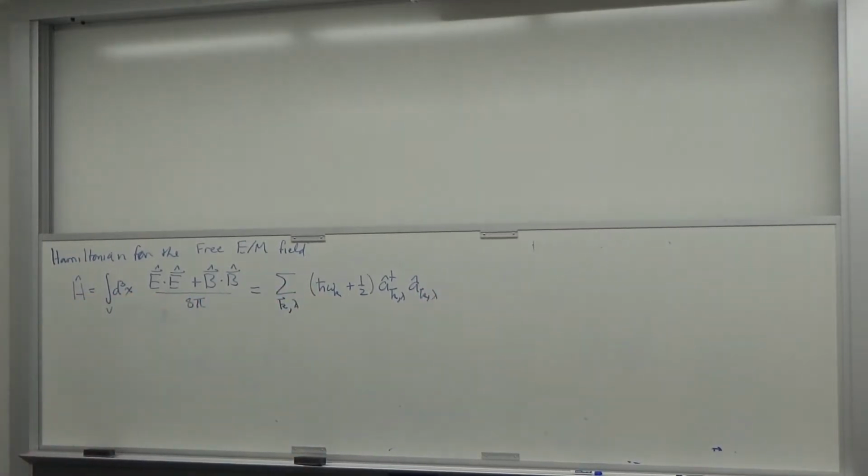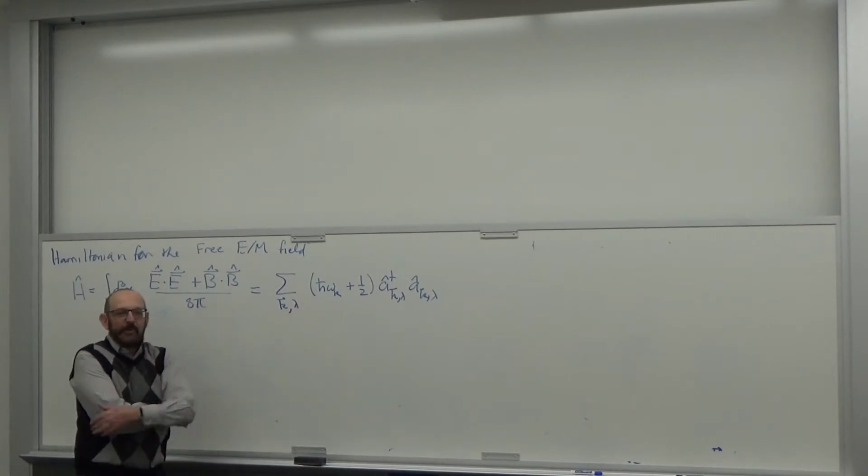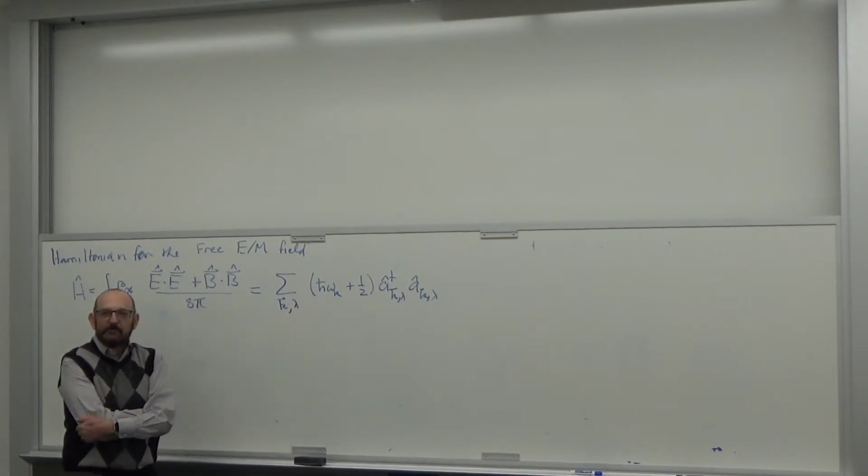Is that clear? Every mode is a harmonic oscillator. And this is the Hamiltonian of the harmonic oscillator for that mode.